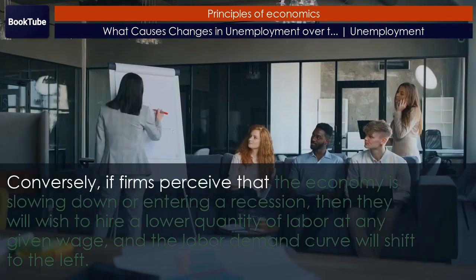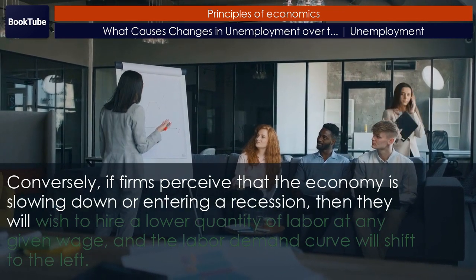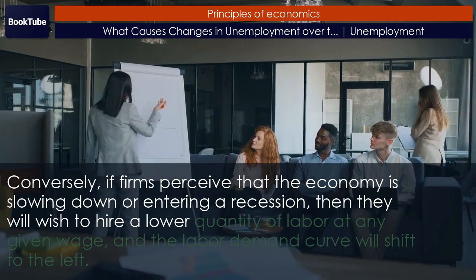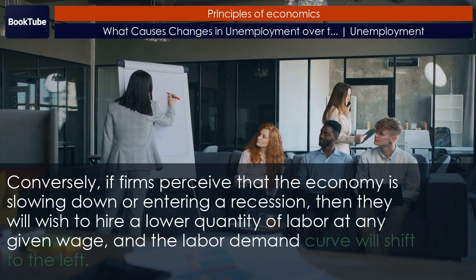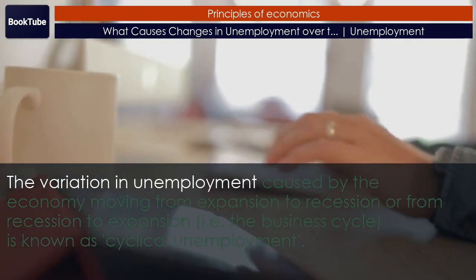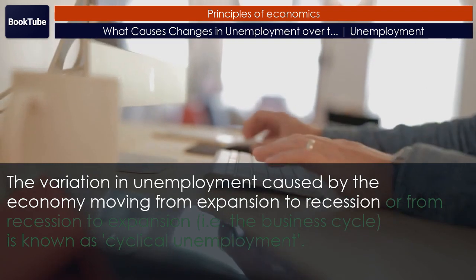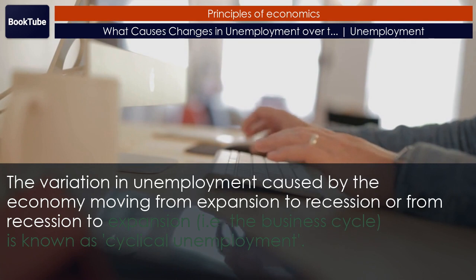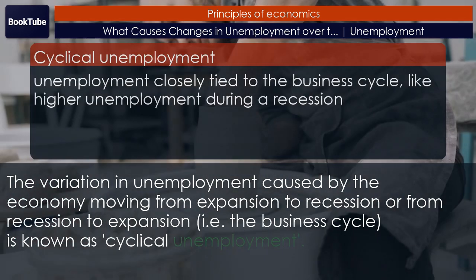Conversely, if firms perceive that the economy is slowing down or entering a recession, then they will wish to hire a lower quantity of labor at any given wage, and the labor demand curve will shift to the left. The variation in unemployment caused by the economy moving from expansion to recession or from recession to expansion, i.e. the business cycle, is known as cyclical unemployment.